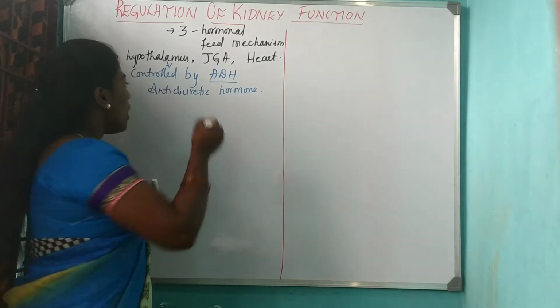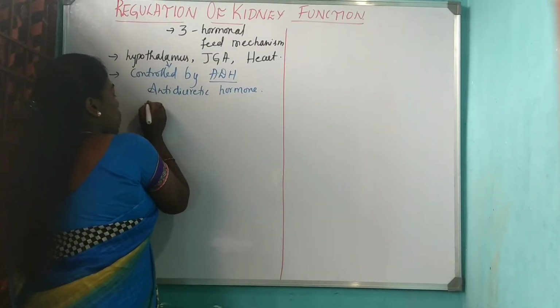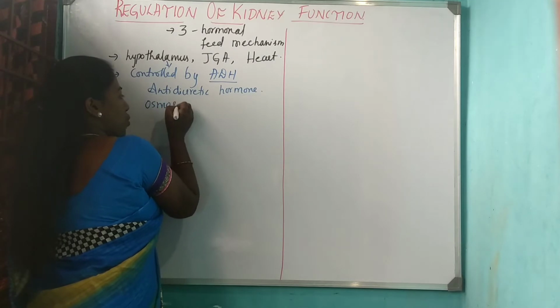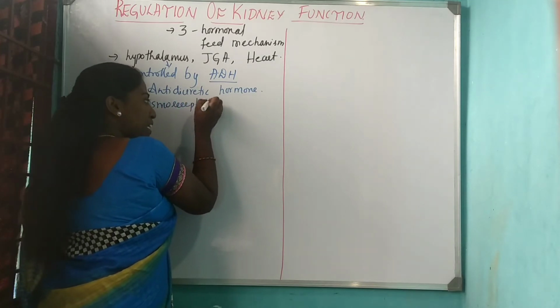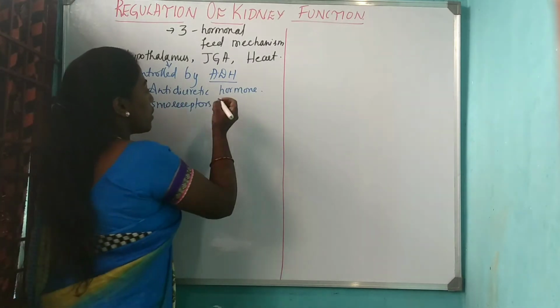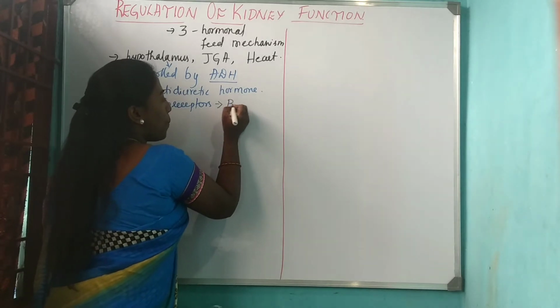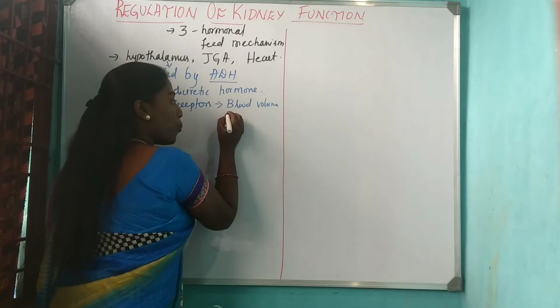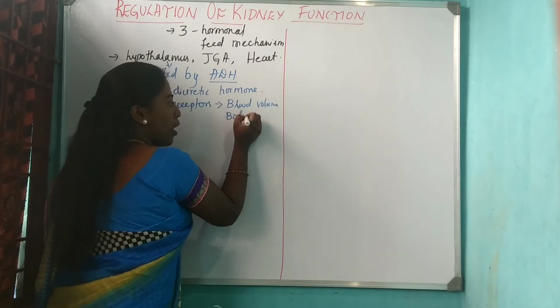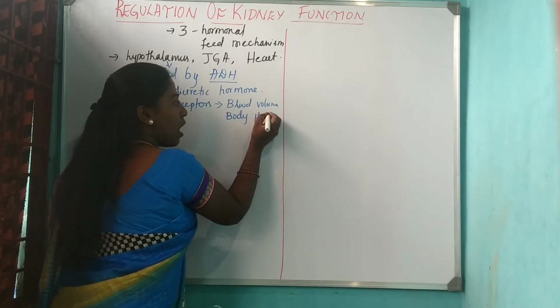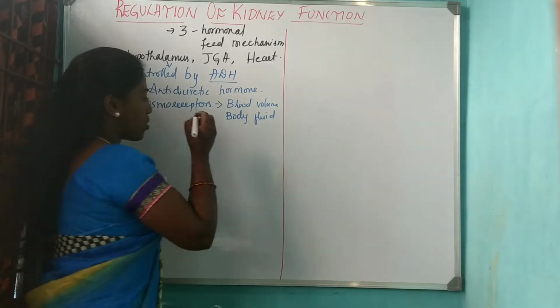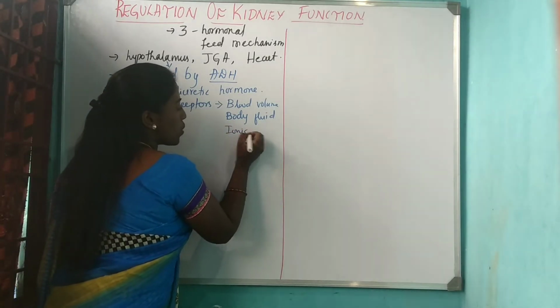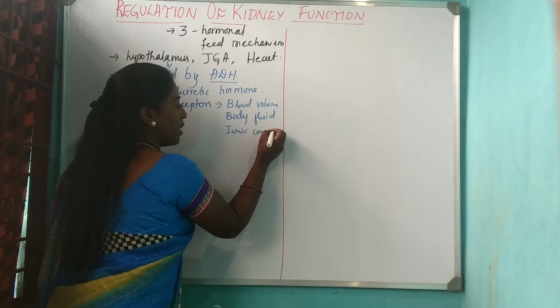The osmoreceptors can get activated when there is a change in blood volume or the volume of body fluids, and ionic concentration.